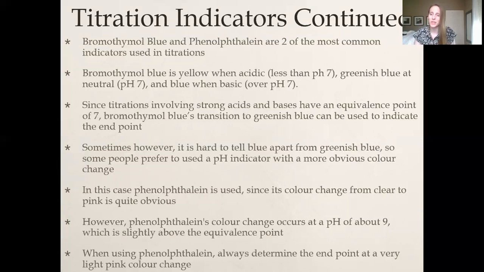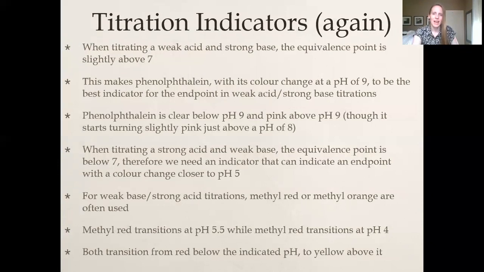That is when you would choose phenolphthalein, to go from clear to pink as you go from below 9 to above 9. So that's what I'm talking about here, the fact that phenolphthalein is the best choice when you have a weak acid and a strong base.